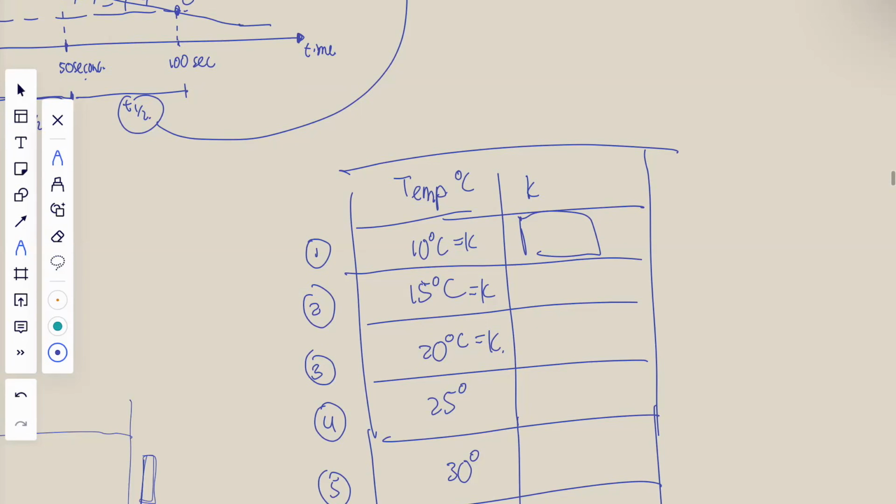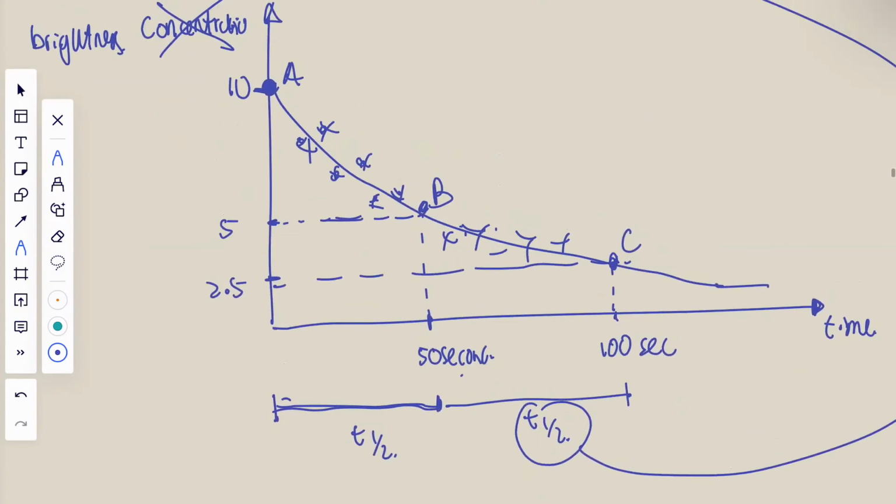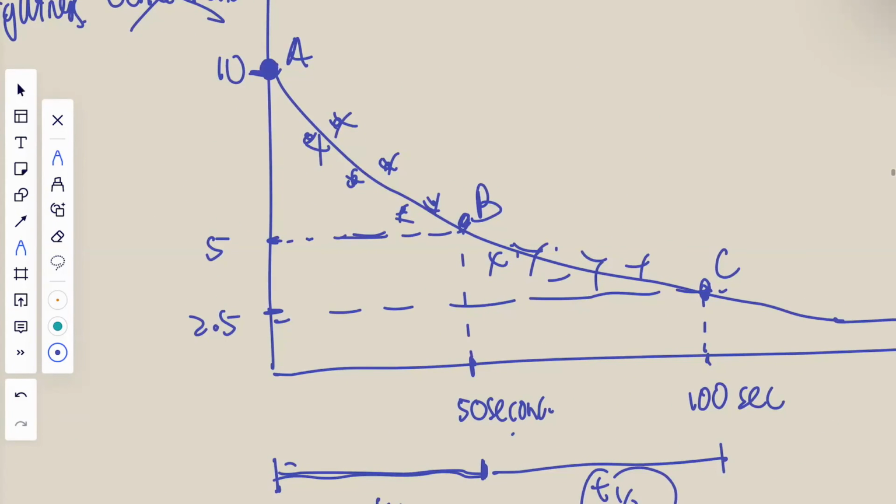Let me think. So that's one of the problems. You discuss with your teacher, but my idea is if it takes too long for you, then you don't need to wait until half. Then we do some mathematical calculation. Let's say you haven't even reached half here.